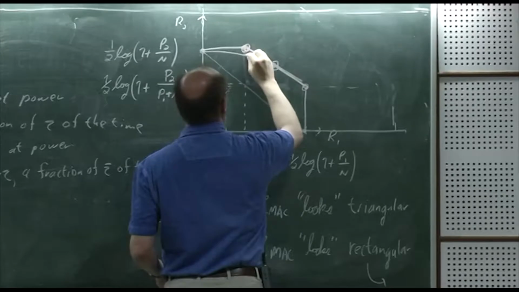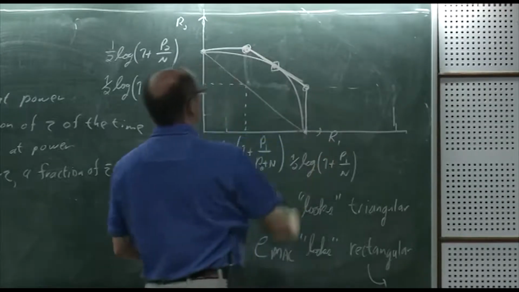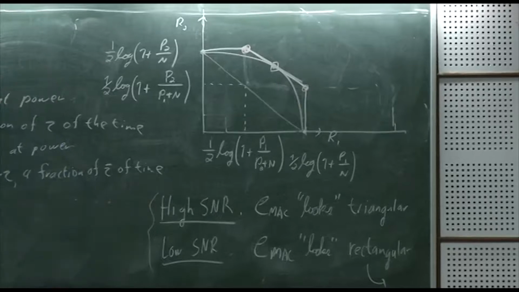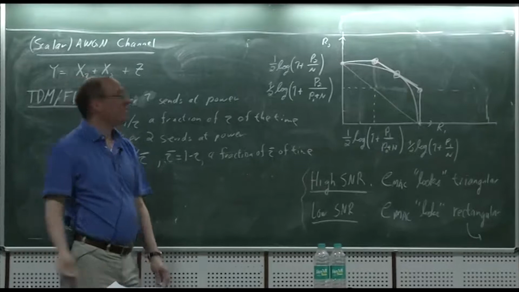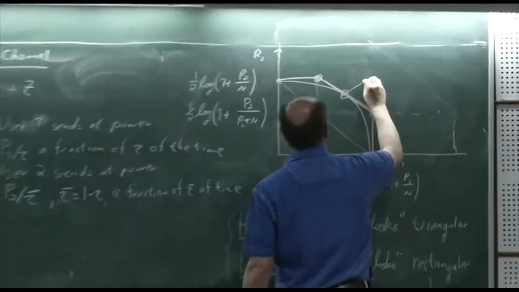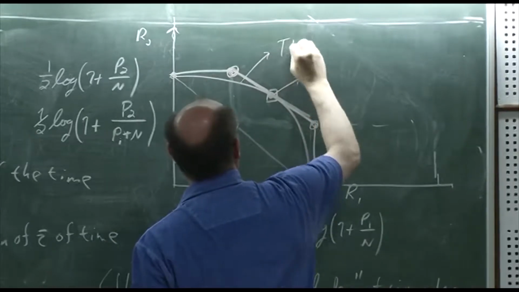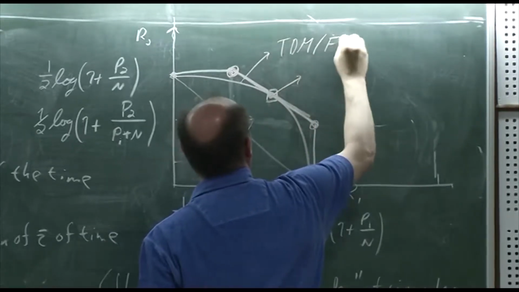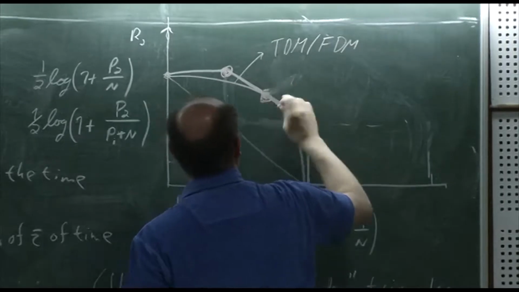It actually touches this boundary, comes down. So in fact, TDM FDM is optimal at one point, and in fact it always touches at one point. This is TDM FDM. And here we even get it touching.